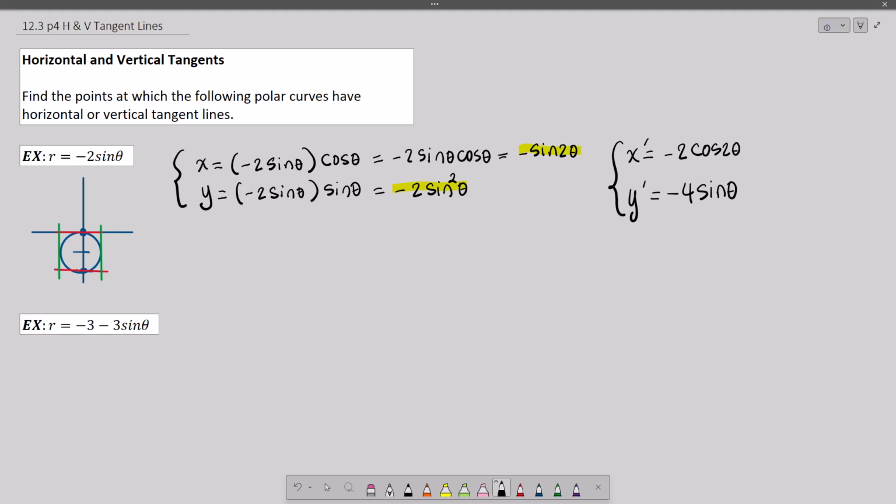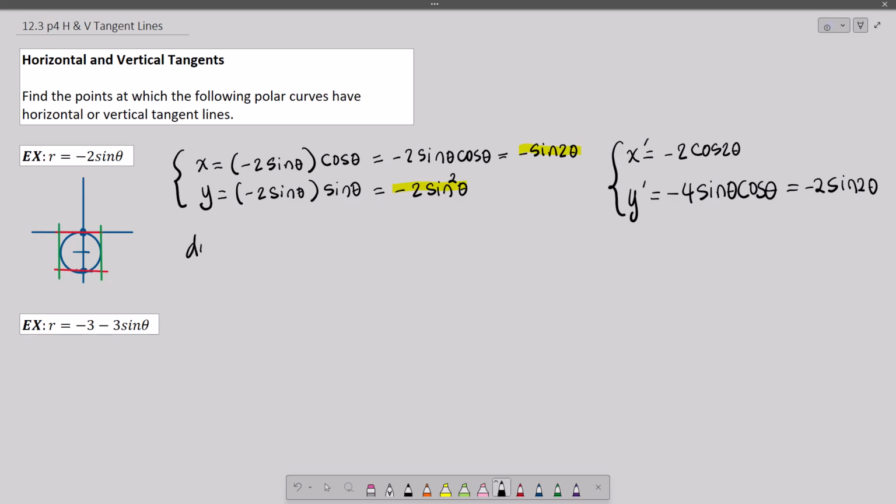Pop the 2 down, subtract 1. But then we have to differentiate the base. We get cosine of theta. There's another double angle if we want to change it. Right, this one we could write as negative 2. And then we have a 2 sine theta cosine theta, so that becomes sine of 2 theta. So this time let's do it. Let's go with double angles. Just for grins.